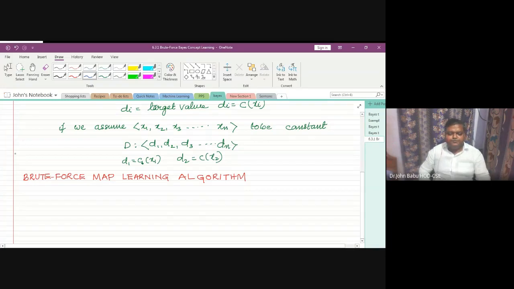Now, to find the maximum a posteriori algorithm, what do we do?